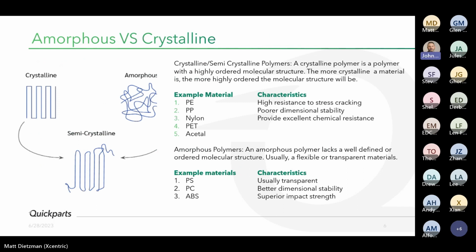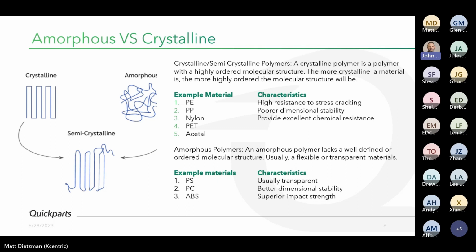Next, we've got a couple types of polymers: amorphous versus crystalline. Crystalline, or semi-crystalline, polymers have a highly ordered molecular structure. You can see off to the left, the top left, and then the bottom, the semi-crystalline. Everything's aligned, so there's high order. Once you shoot that part, the structure of that part is going to be aligned like that.